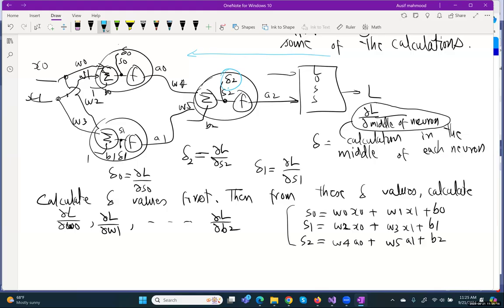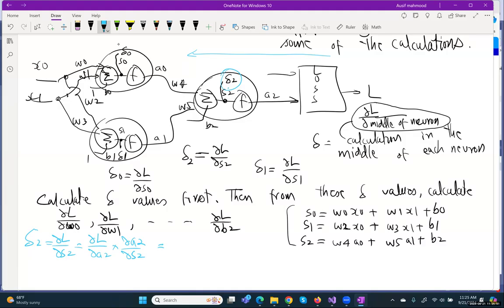It will make our calculations a lot faster. To calculate delta 2, as you can see, it is partial L over partial S2, which is partial L over partial A2 times partial A2 over partial S2, and that's it, right?